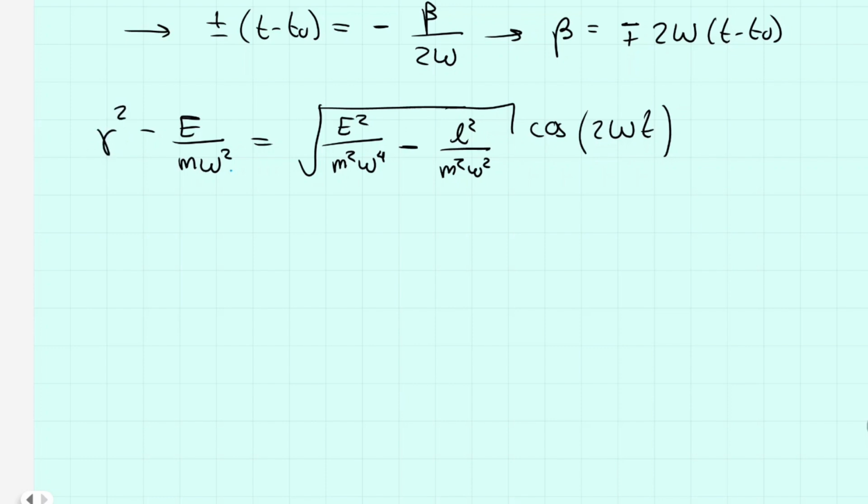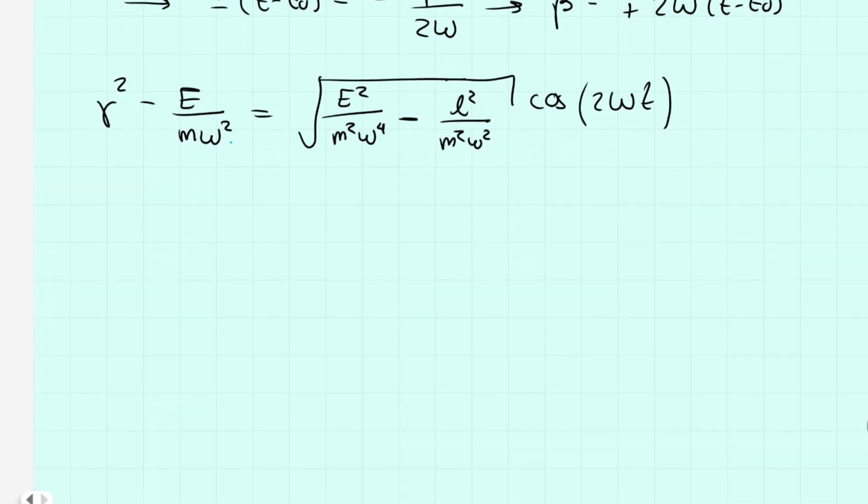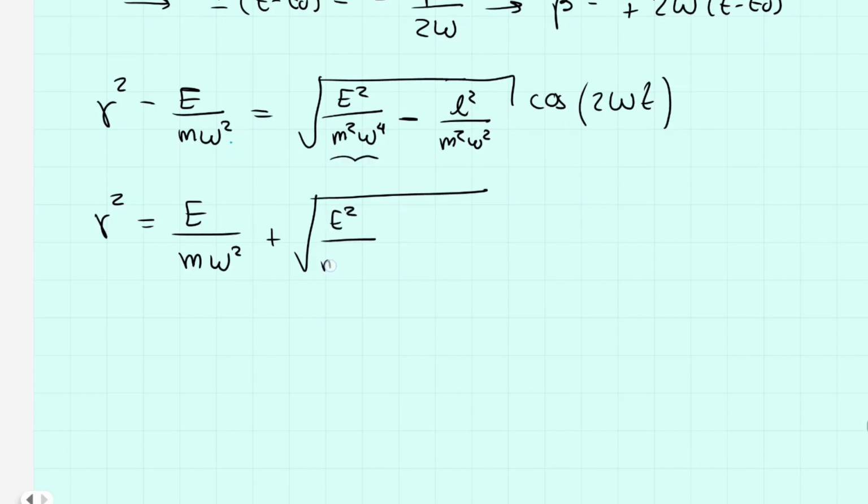And let me just write this. We can see here that r squared is going to be equal to E over m omega squared plus the square root of, and again, we are going to take this as a common factor, E squared over m squared omega to the fourth times 1 minus L squared omega squared over E squared.